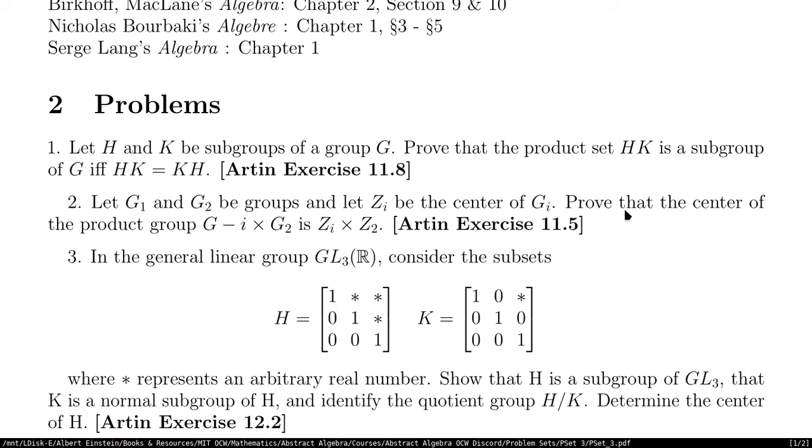You have phi going from G to G prime, pi going from G to G bar, and phi bar going from G bar to G prime. So you can write phi as phi bar composed with pi, and you have to show that there is just a unique way to do this.